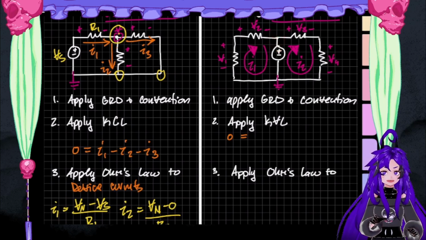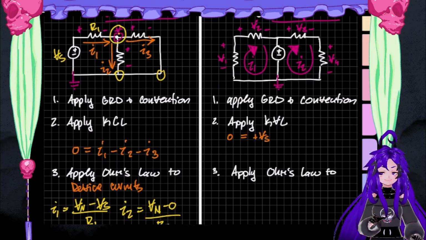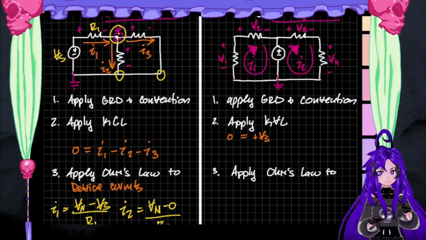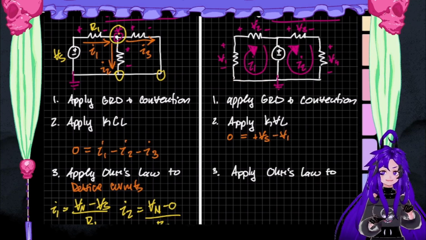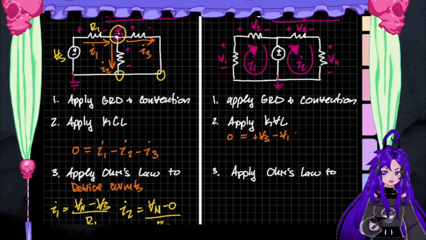So we're going to have plus V source. Then we're going to follow it around and come into the negative end of V1. So it's going to be minus V1. Then we're going to keep going, and now we're in the positive side of V2, so plus V2. All right, so that one's done.